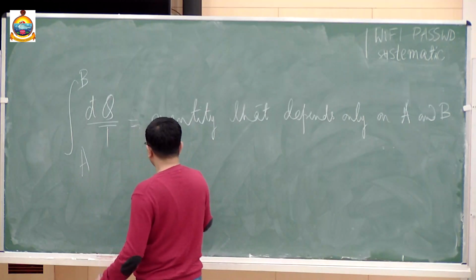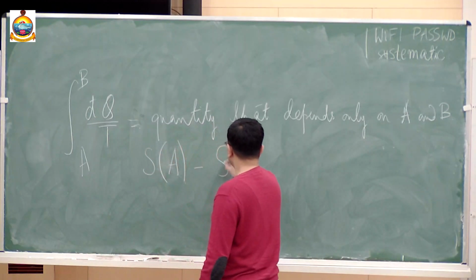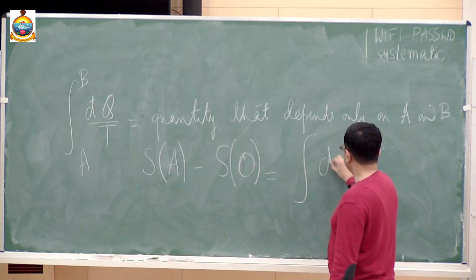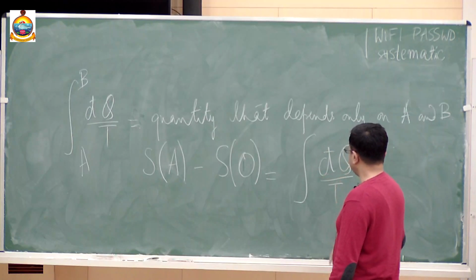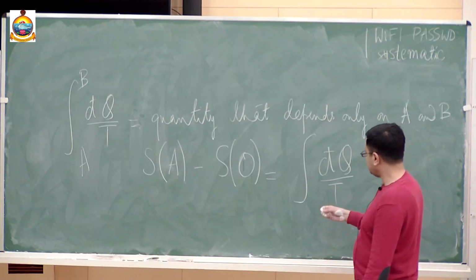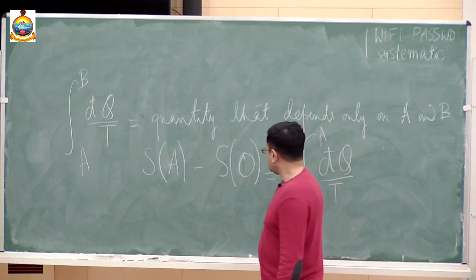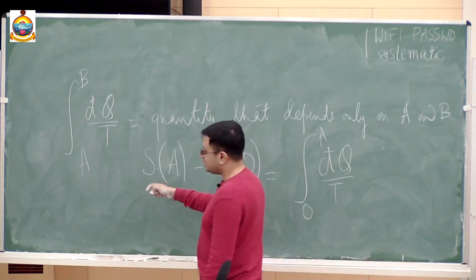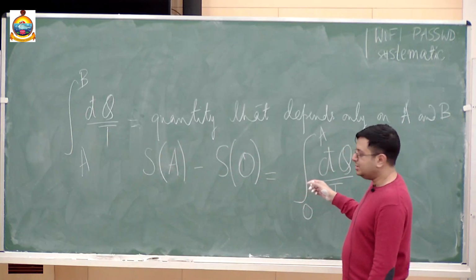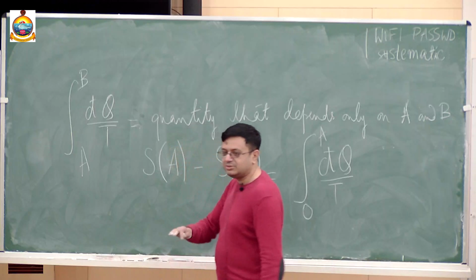So this allows one to define what is known as the entropy of any state with respect to some reference state, let's call it O. This will be given by the integral of d cross q by T, and I can evaluate this integral along any path of my choice to go from my reference state to state A. I decide to measure my entropy with respect to this reference state, because this definition leaves me with an arbitrariness in defining the zero of the entropy.